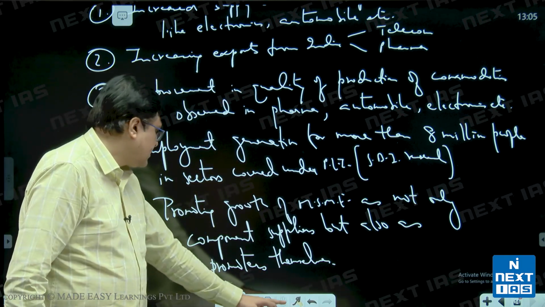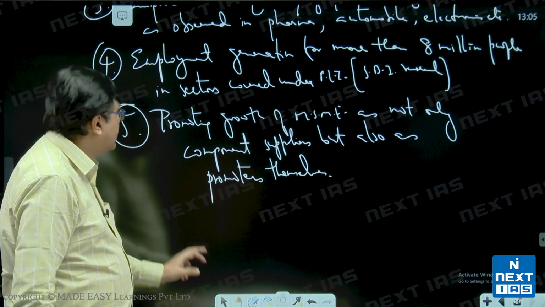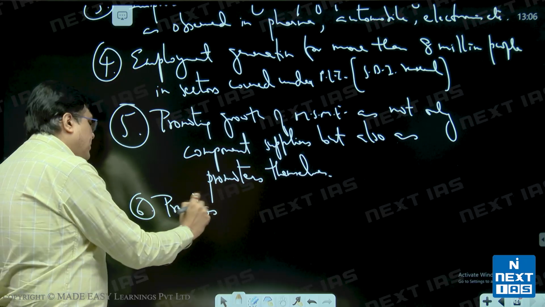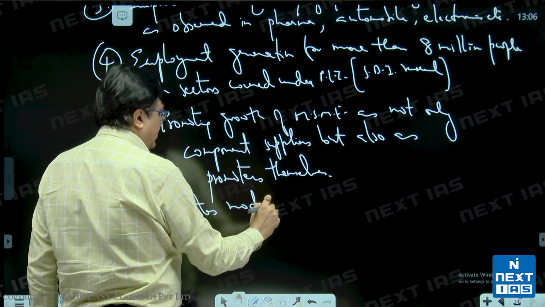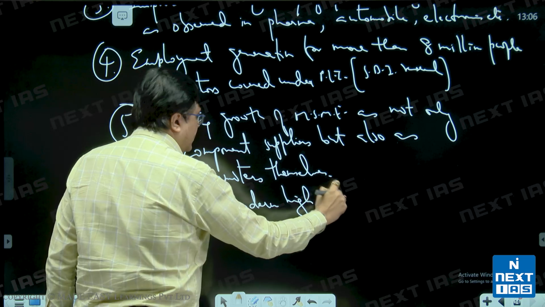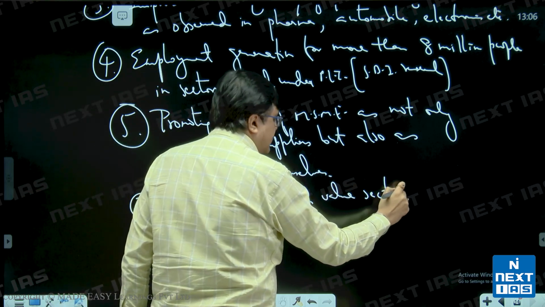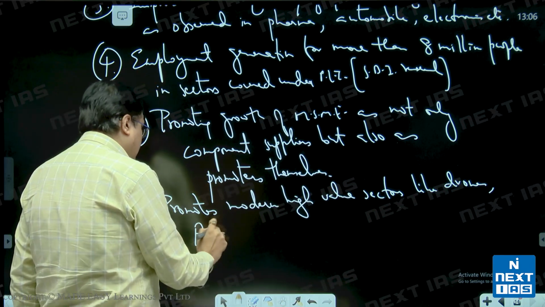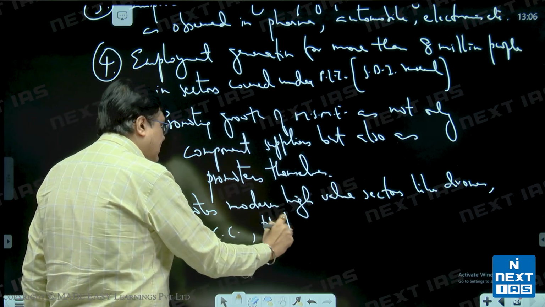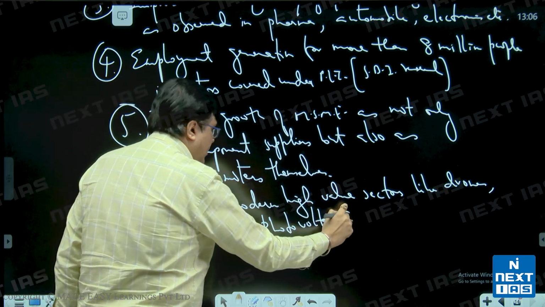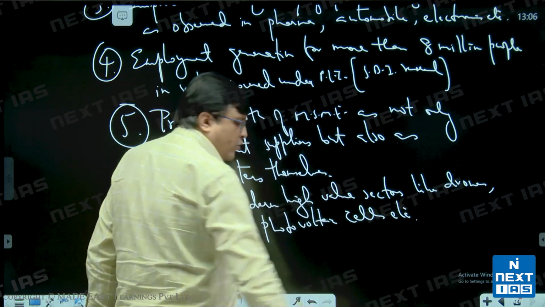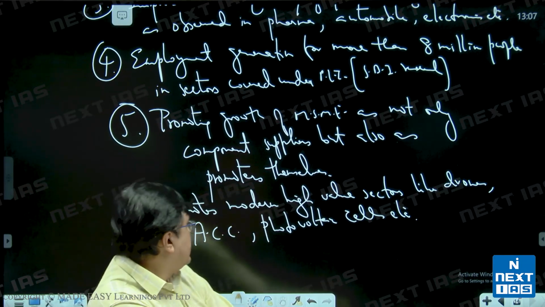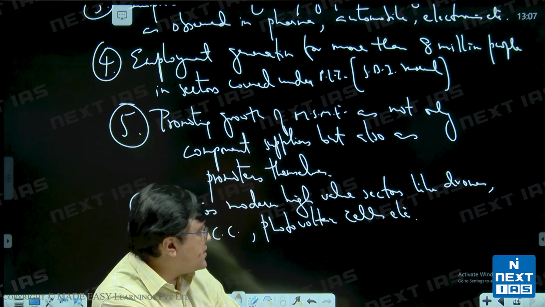And sixth, promotes modern high value sectors like drones, advanced chemical cells, photovoltaic cells, etc. So we talked about fifth and sixth.